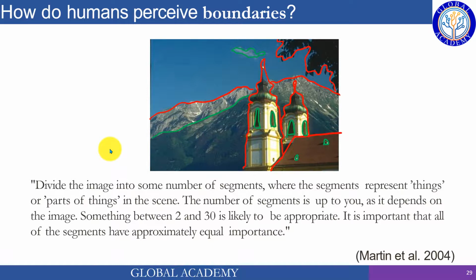So how do humans perceive boundaries? It's like how humans in fact detect objects. Mostly, within an image there could be between 2 to 30 objects. Humans recognize objects, not only boundaries but the contents within boundaries.